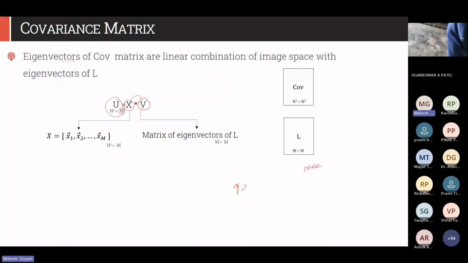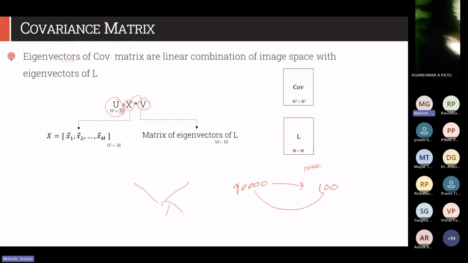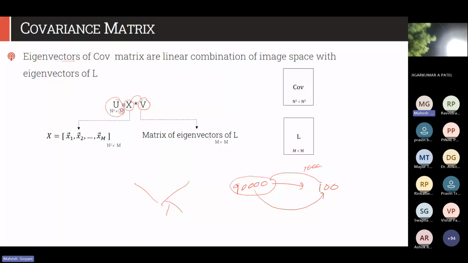If I project them on all 100 eigenvectors, then a 90,000-dimension image will now become a 100-dimensional image. Okay? So I have reduced 90,000 dimensions into 100 only. Fine. That means I have greatly reduced the dimension and still I am preserving maximum variance in the data. That means I would be able to classify the data correctly, or I might be losing very little information.